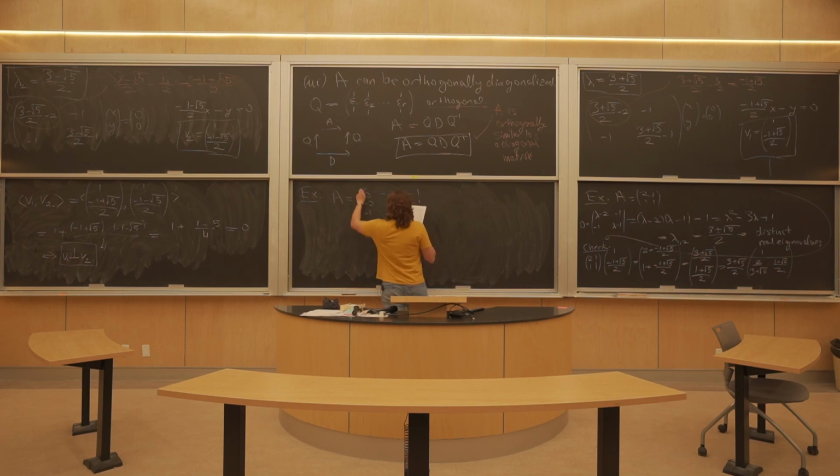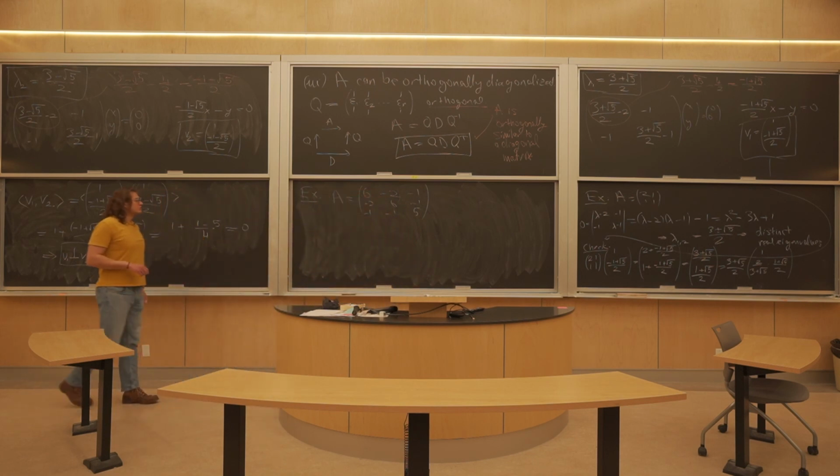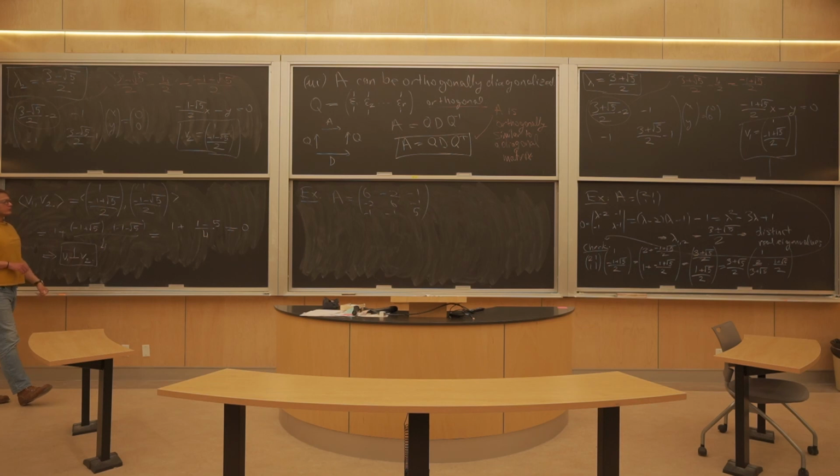Okay, so this is my matrix. It's 3 by 3. Now, immediately I realize that this is a symmetric matrix because I don't look at the diagonals, but I look at the off-diagonal elements, and this has to match up with this, this with this, this with this. So I know by the spectral theorem that the eigenvalues are going to be real. I know that this is diagonalizable by an orthogonal matrix.